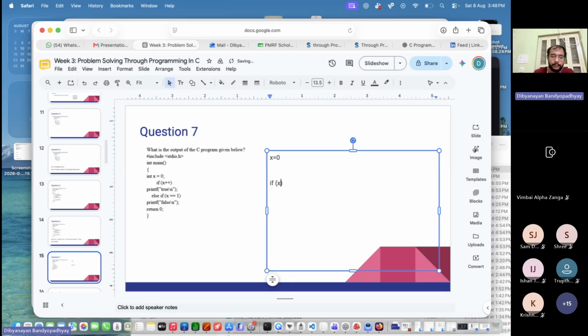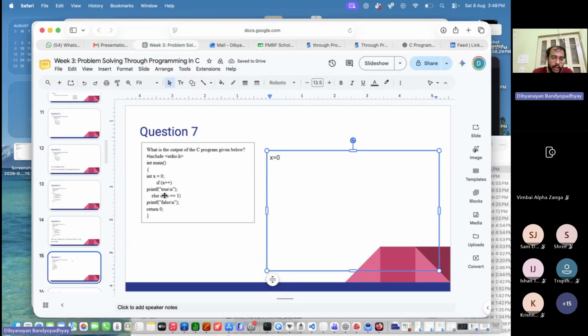So if x, what is the value of x? 0. So you just replace x with 0. 0 means what? False. So if false, whatever is inside the if statement will be jumped, will not be printed or done. So it will go to the next step, which is else if.